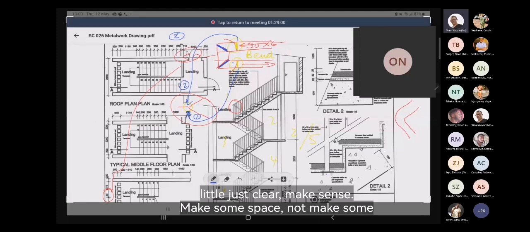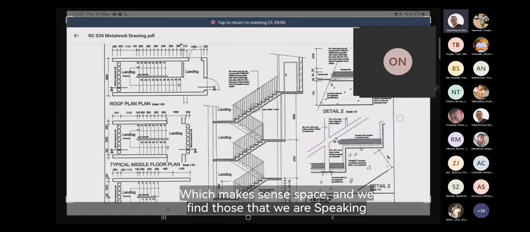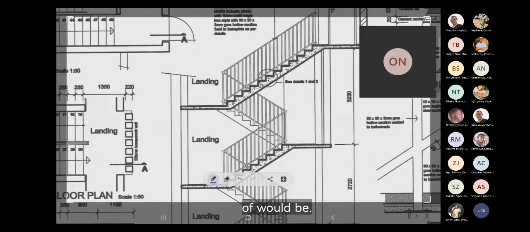Let us just make some space. And we find those that we are speaking of would be 10 by 10s in between. My blue lines there.